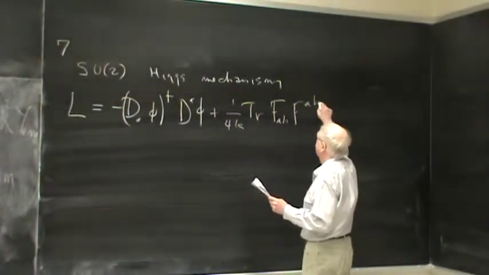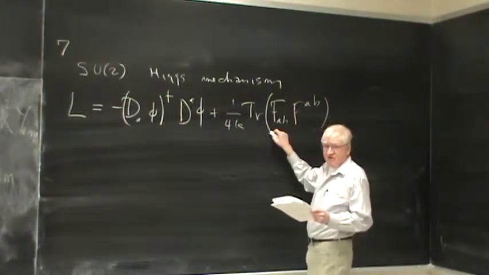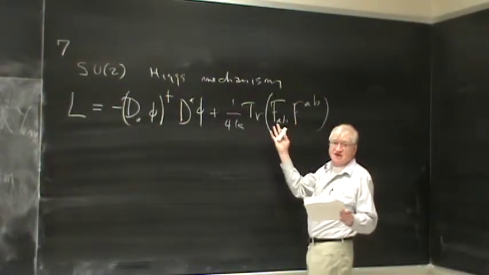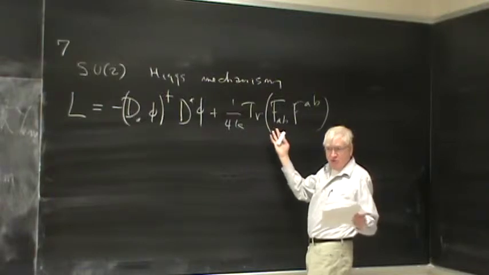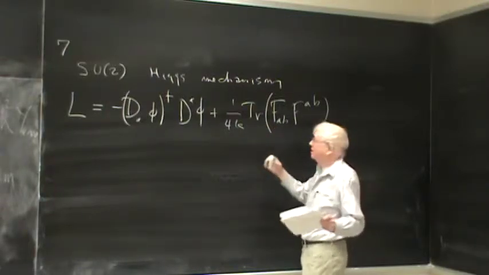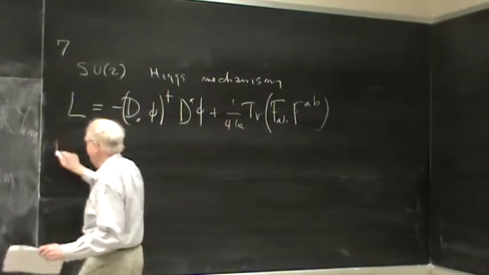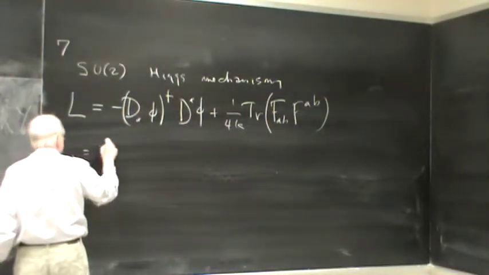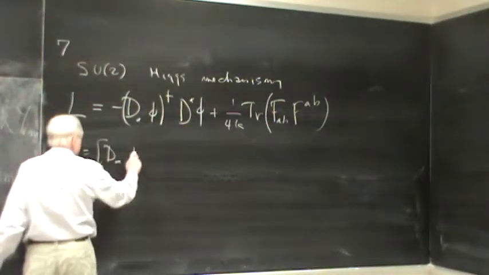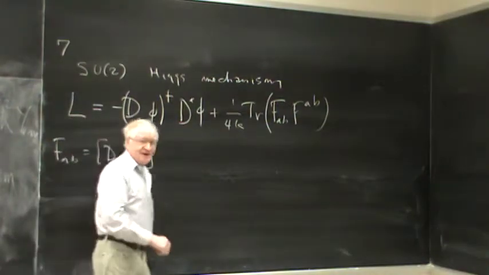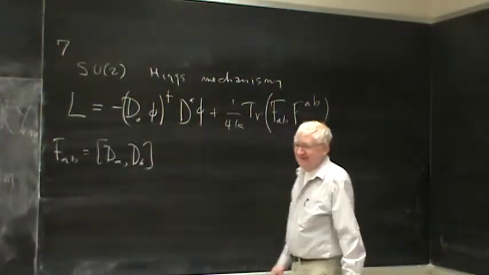This is the Yang-Mills field strength. F_AB is a commutator of D_A with D_B. Obviously, if it's F_AB, then it's the commutator of D_A and D_B, not D_mu with D_nu.